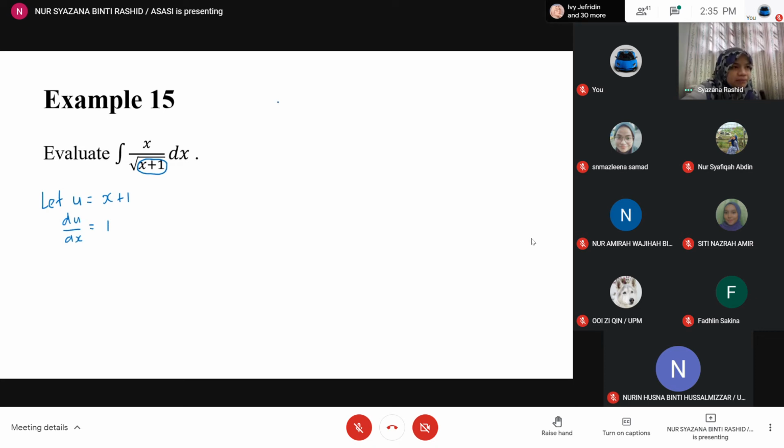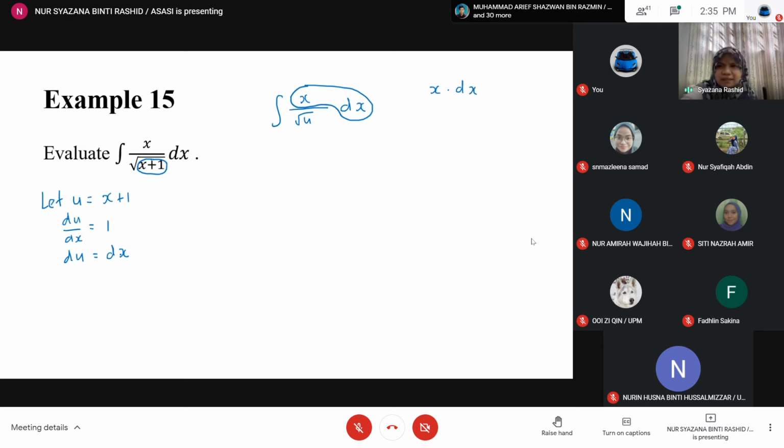Now I change, so I have x over square root of u, here is dx. I need to change this. Now I modify here: du equals dx. Okay, I have a problem. I want x times dx, but I only have dx.